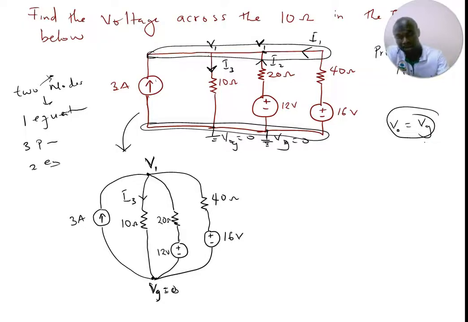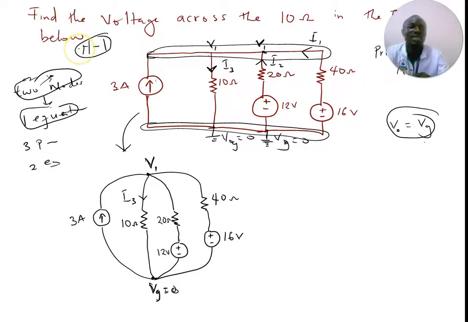It's a typical question in the objectives. If I have 2 principal nodes, how many equations do I need in determining the voltages at the node? I need 1 equation. So the number of equations that I need is always n minus 1.